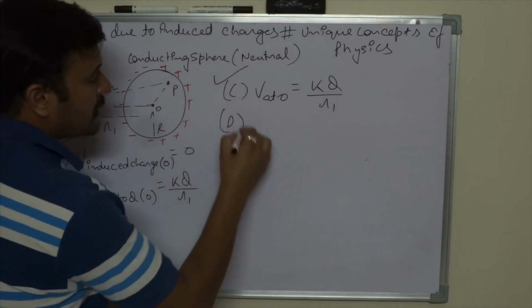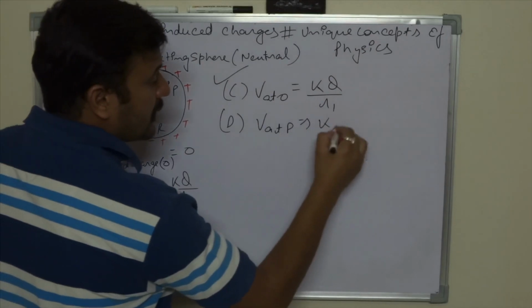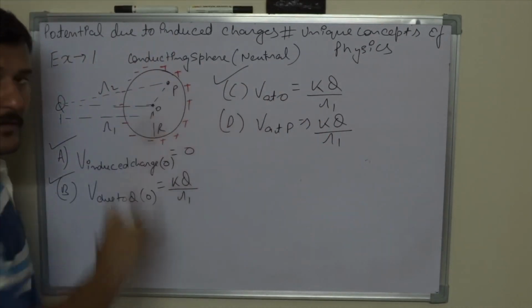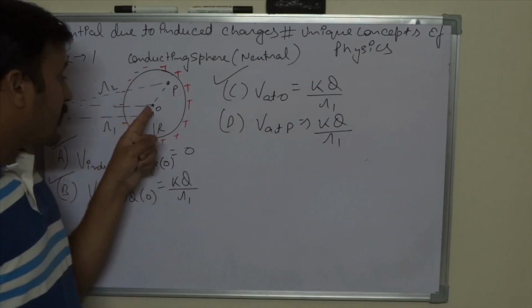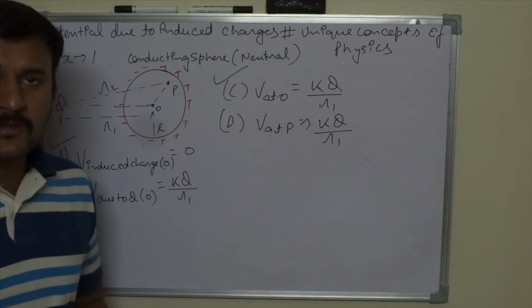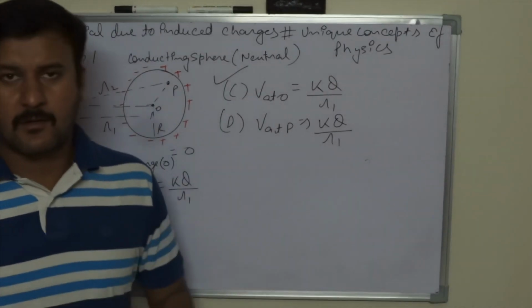Now option D, that net potential at P will be equal to KQ by R1. I am saying that this is also correct, because the potential at O and the potential at P should be the same, because both points lie inside the equipotential volume of the metal.